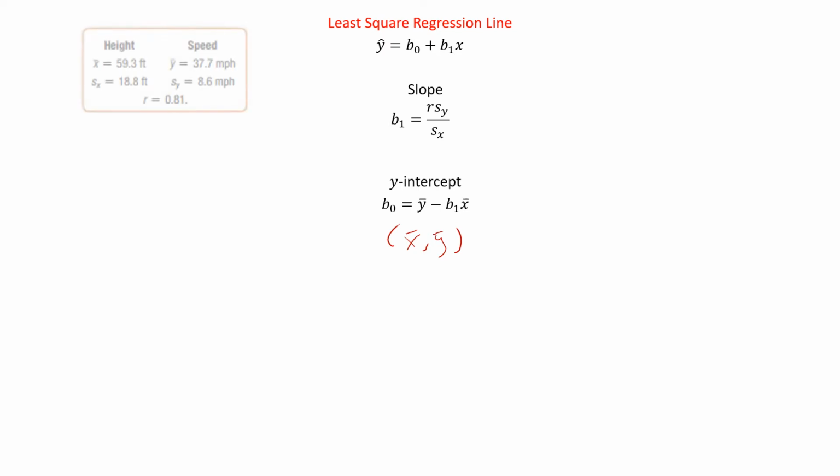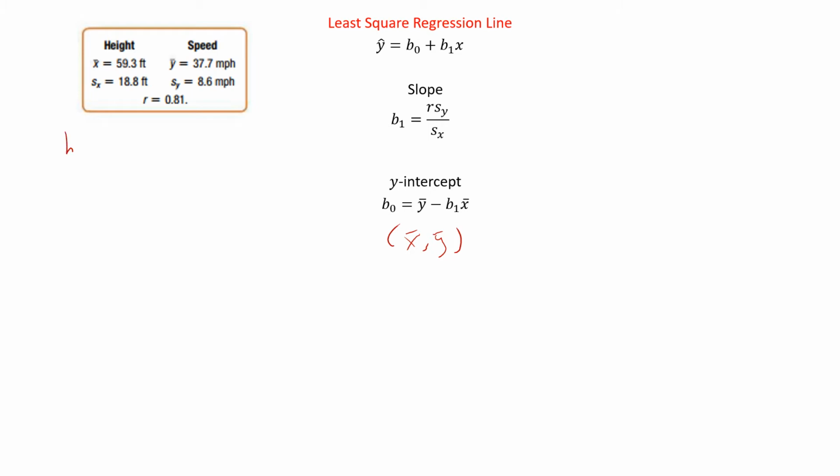Or how would I do it? I would just give you some information. I wouldn't give you the data. I would just give you the means, the standard deviations, and the correlation. And then from here, you just need to plug them into the equation.